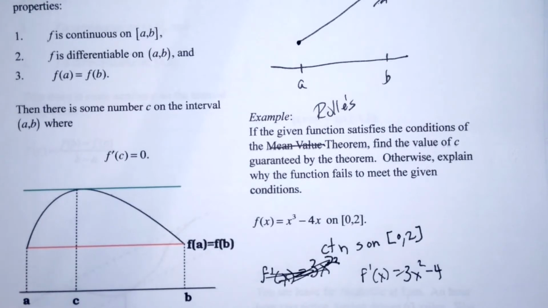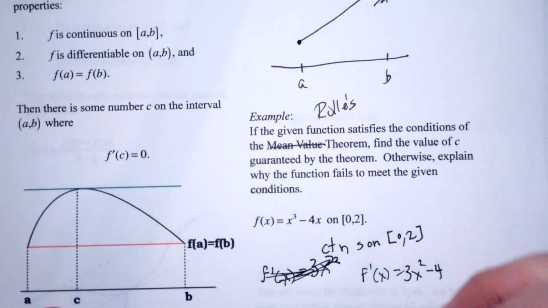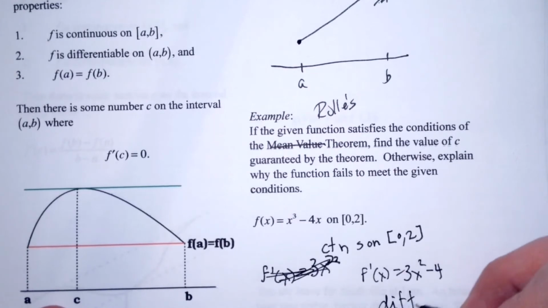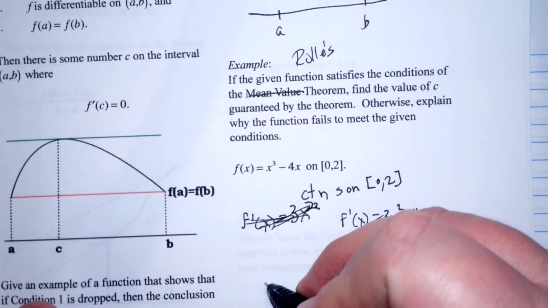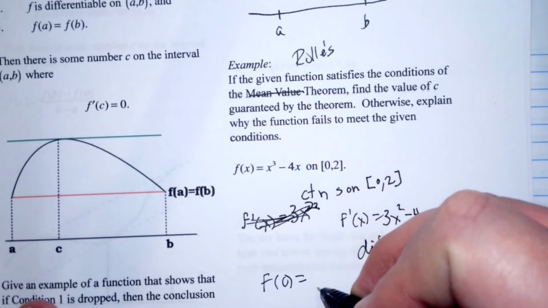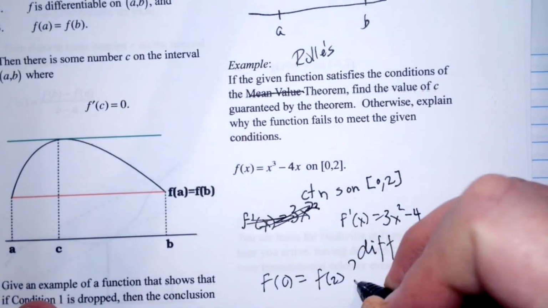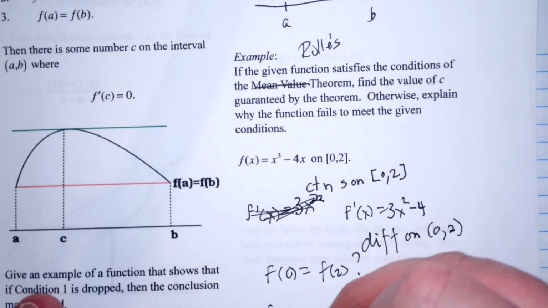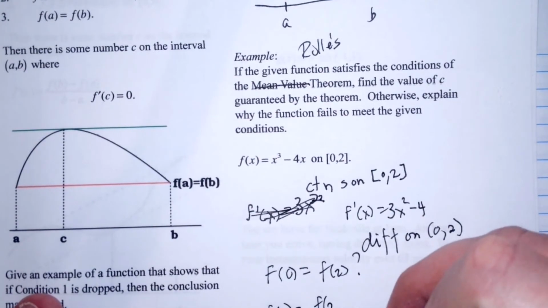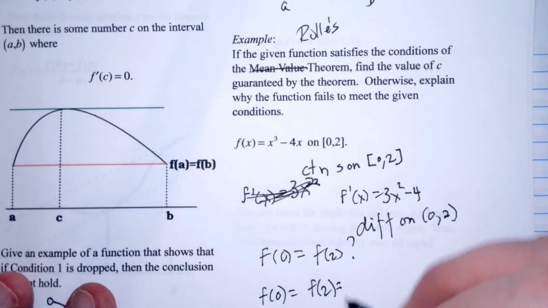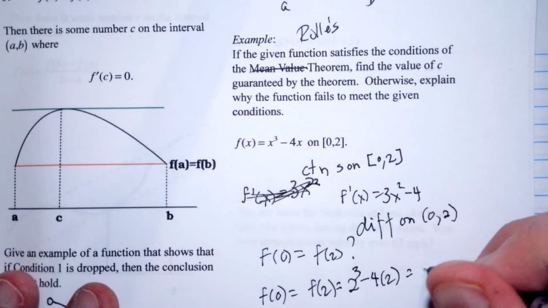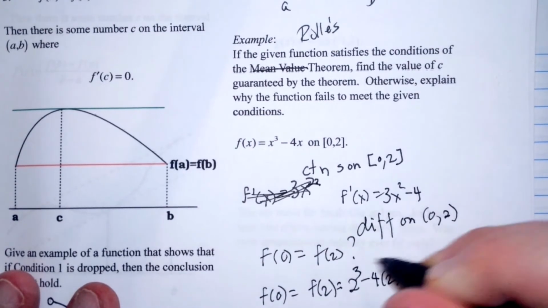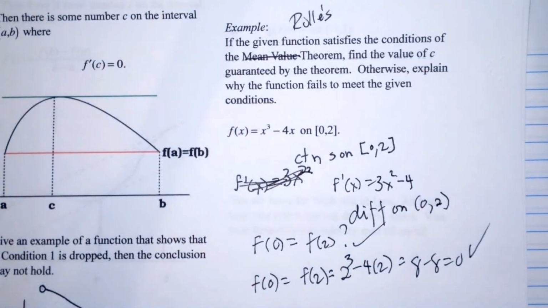And that's defined for all values of x. So it meets the differentiability condition. And finally, does f of a equal f of b? So does f of 0 equal f of 2? Well, f of 0 is 0, that's nice. And f of 2 is 2 cubed minus 4 times 2, which is 8 minus 8, which is 0. So all three conditions are met.